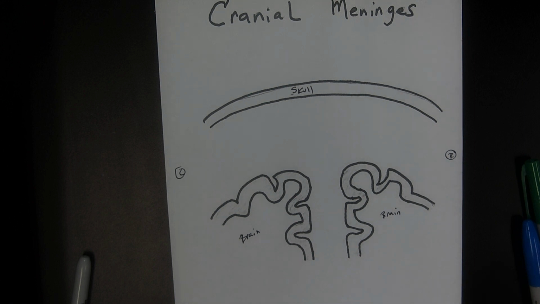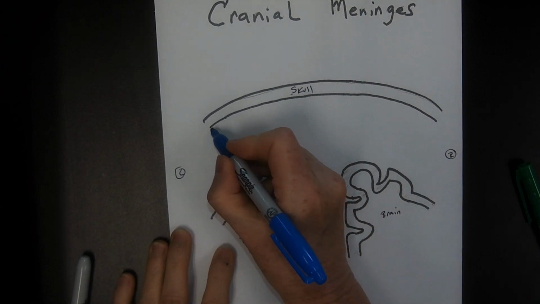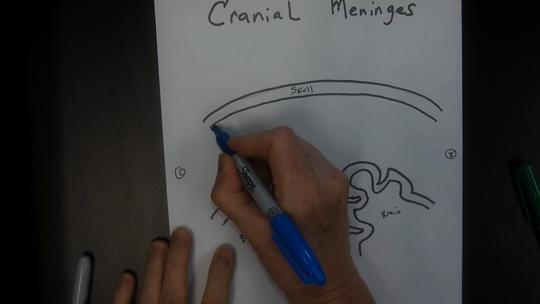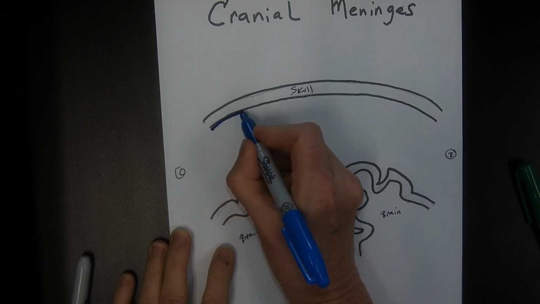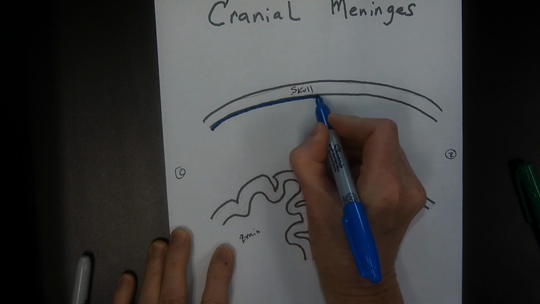Okay, let's start with the dura mater. There's one thing that I didn't tell you. There's actually two layers to worry about when you're thinking about dura mater. Okay, there's one layer of dura that's very tightly adhered to your skull. Okay, again, this is going to be my blue.